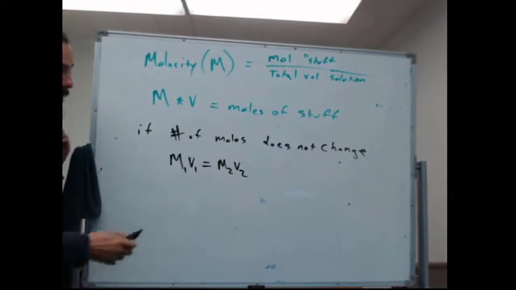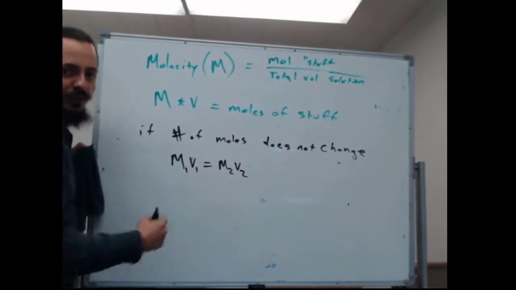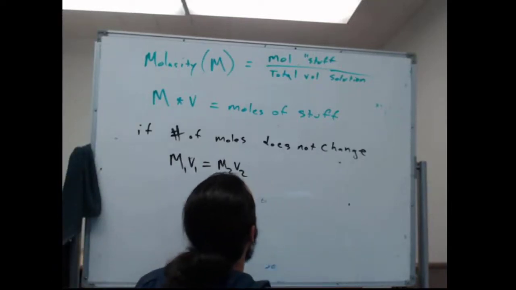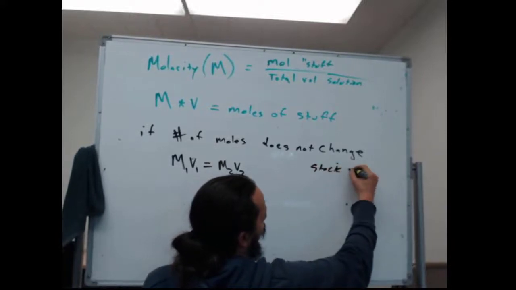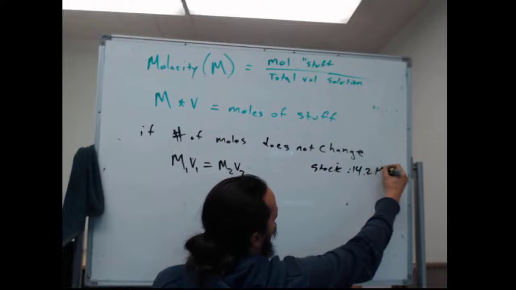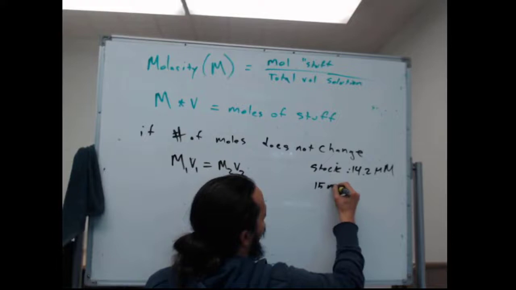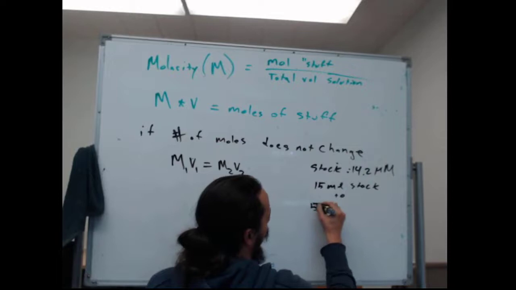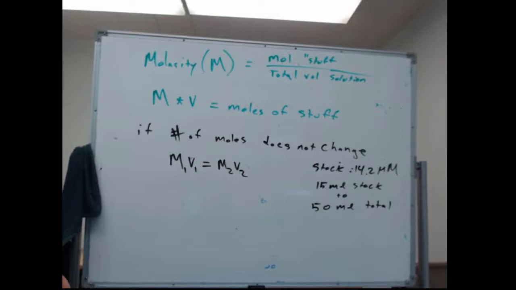So essentially, there's some number of moles equal to the same number of moles, even though our volumes have changed and our molarities have changed. So when we are given a stock solution, for me, I had a stock solution that was 14.2 micromolar, and I had 15 milliliters as a stock solution, and it diluted to a 50 milliliters total.